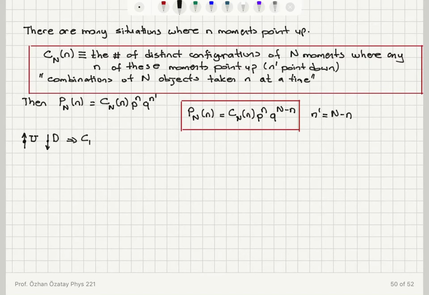So this number is the number of times in which a U, which is up, appears n times in a configuration, in a distinct configuration.